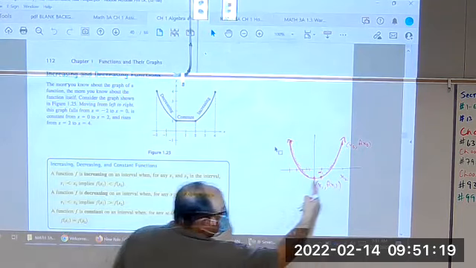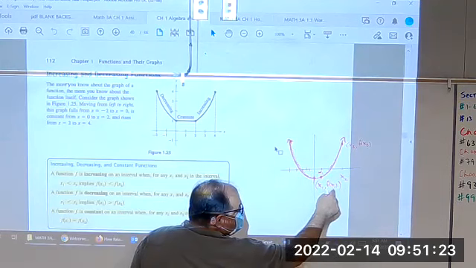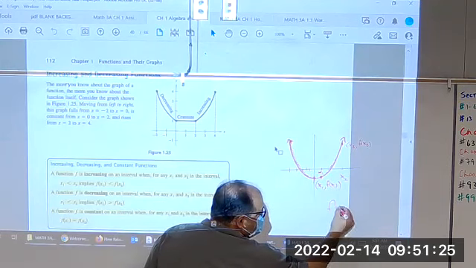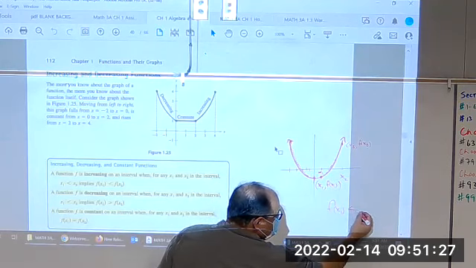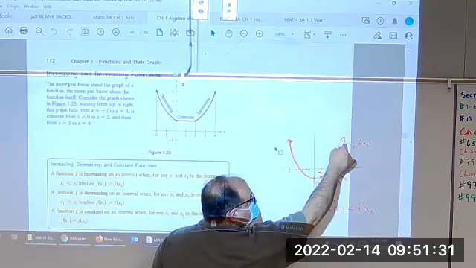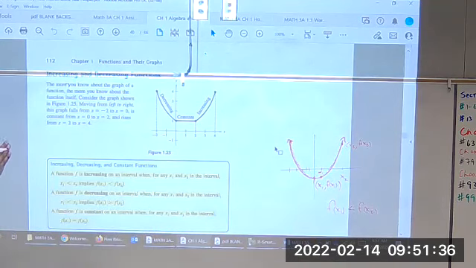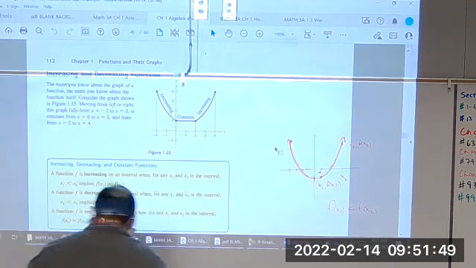So as we go from left to right, where x sub 1 is to the left of x sub 2, this y value, f of x sub 1, is less than f of x sub 2. So this y value is smaller than that y. That means as you're going from left to right, you're going higher. That means the function's increasing on that interval that has x sub 1 and x sub 2 in it. It's decreasing.